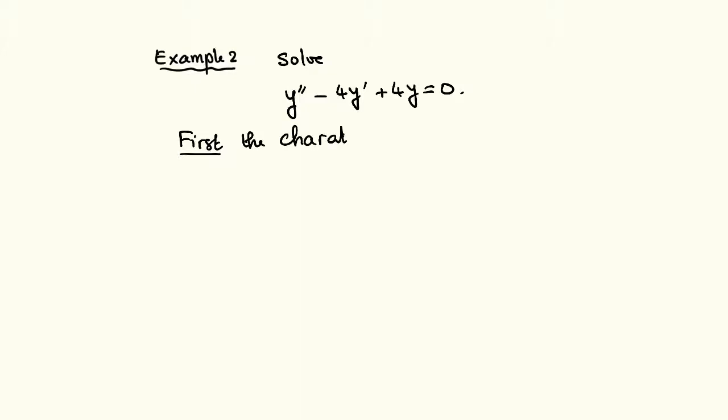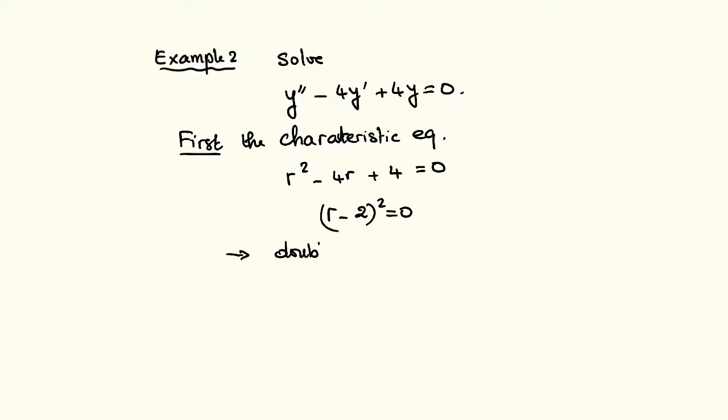So let's write the characteristic equation, which will be r squared minus 4r plus 4 equal to 0, which is the same as (r minus 2) squared is equal to 0, which means that we have a double root r equal to 2.